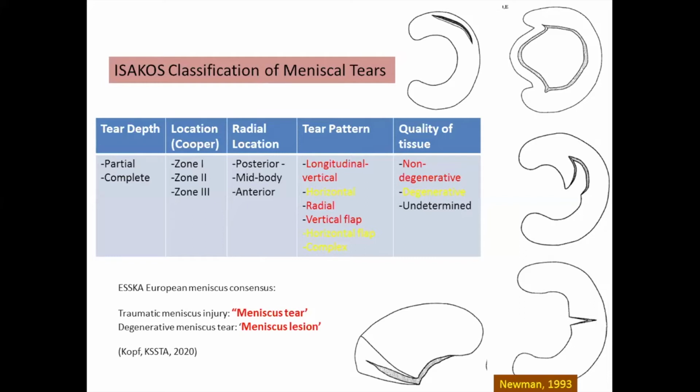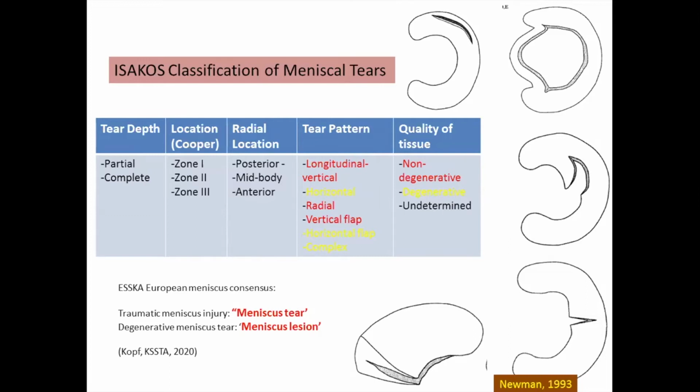So in these tear patterns, as we can see, the longitudinal, vertical, radial tears and vertical flap tears, these usually are the acute tears in younger patients, which occur after some acute trauma to the knee. And in these cases, of course, the patient is young and the tissue might not be degenerative type. And the Europeans, they had a consensus, and in this very nice paper, they have tried to differentiate these tears according to whether it is traumatic or whether it is degenerative type of tear.